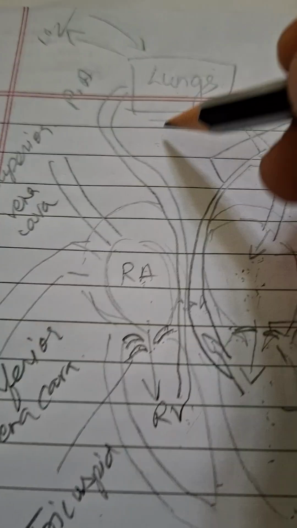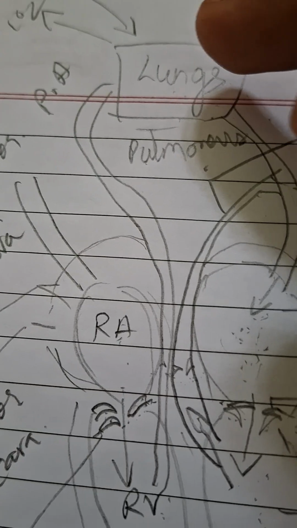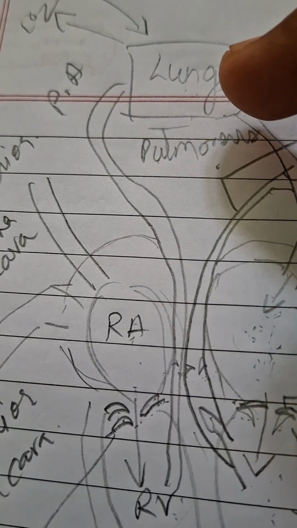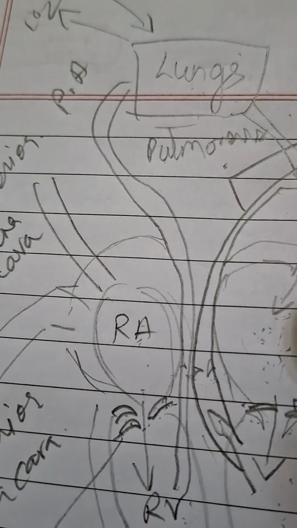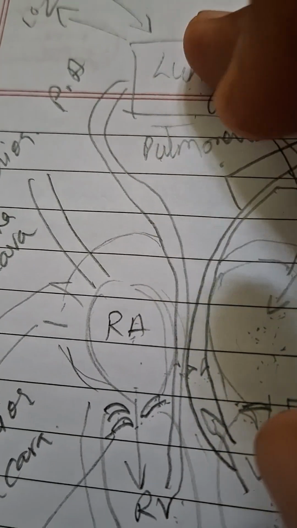This circulation is called pulmonary circulation. To make it easier: circulation of blood from the heart to the lungs and from the lungs back to the heart, that means lungs, heart, lungs. This circulation is called pulmonary.